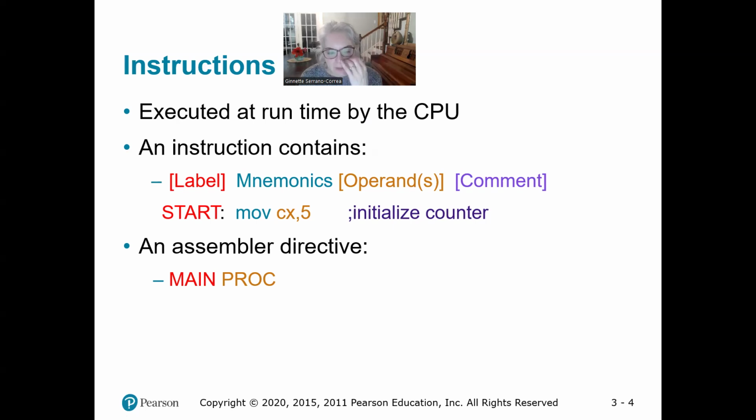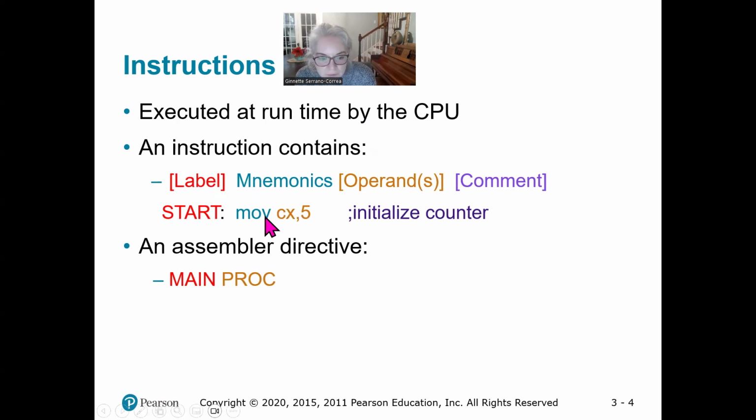So move means that you're moving a value from one place to another. In this case, you're moving the 5, which is an immediate value, to the register CX. We have add. So mnemonics just means that it sounds like what the word is going to do.